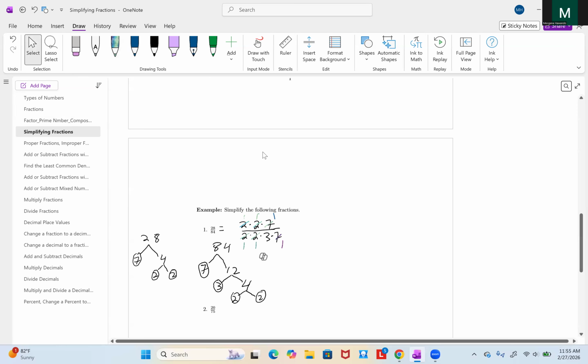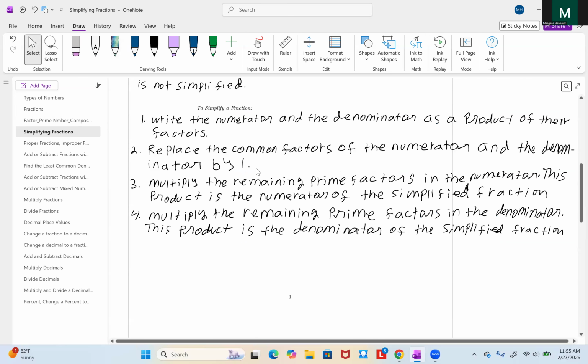Okay, so now let's go back and see what it says. Number 3, after replacing the common factors of the numerator and the denominator by 1, multiply the remaining prime factors in the numerator. This product is the numerator of the simplified fraction. And number 4, multiply the remaining prime factors in the denominator.